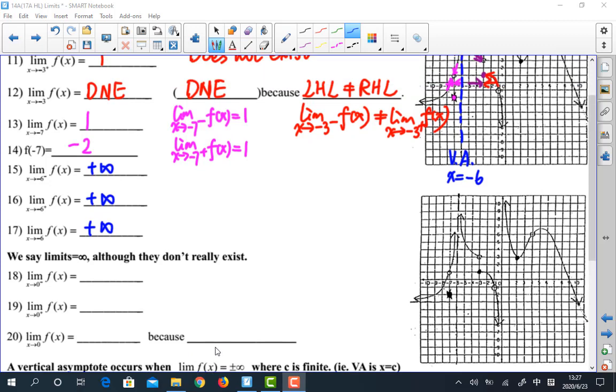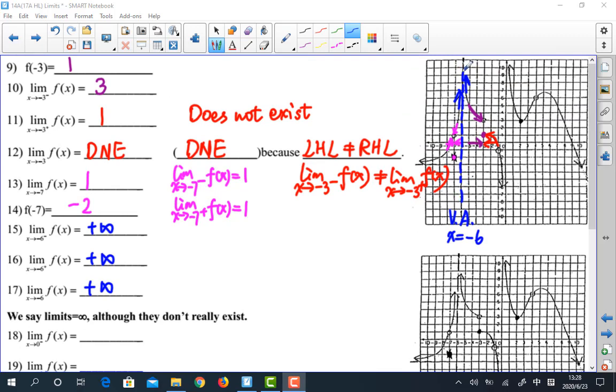At x equals negative 6, this also shows me an example of the third type of discontinuity. At x equals negative 6, both of the pieces can go up forever, infinitely close to this x equals negative 6, but never touch this line.